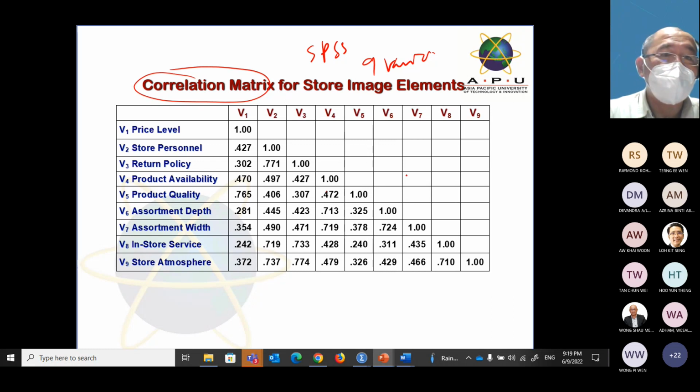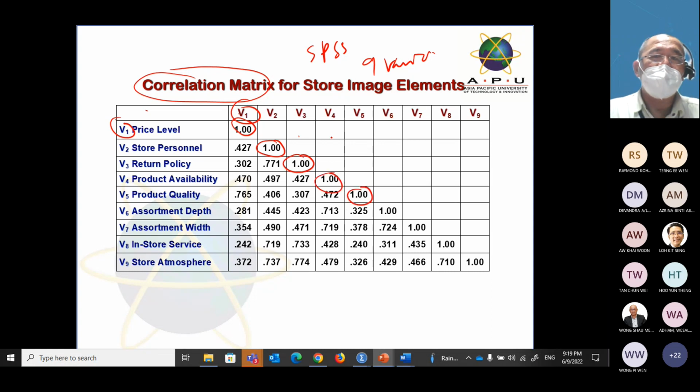Here I've got 9 variables, V1 until V9. V1 is the price level. Price level with price level must always be 1. Therefore, the diagonal must always be 1.